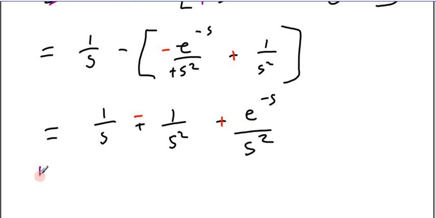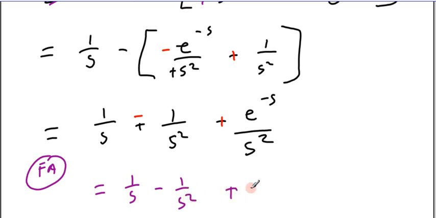And so now I got a final answer: 1 over s minus 1 over s squared plus e to the minus s over s squared, which checks with back of book, which is just lovely. So don't be dropping minus signs.